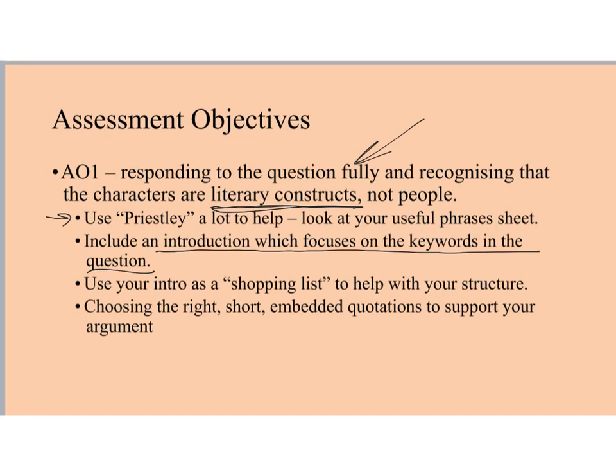AO1 also references your use of quotations, and it's about choosing the relevant quotation for each point you make, that it's short, that it's embedded, and that it makes the point you want it to make. When I say embedded, it should flow as part of your sentence.